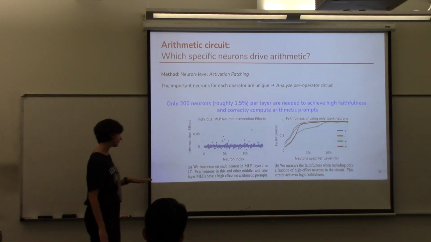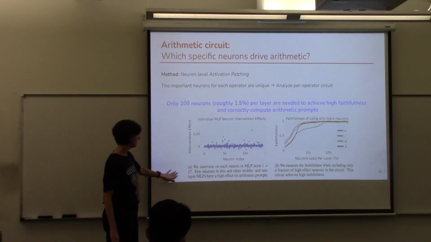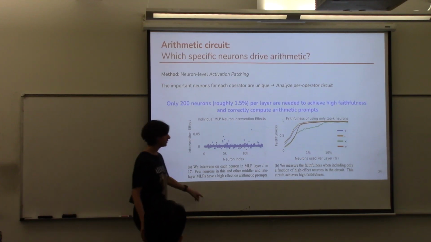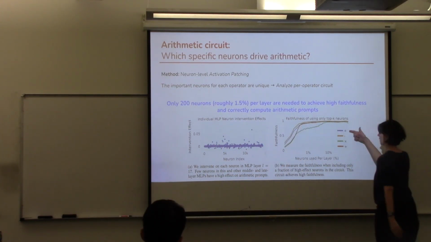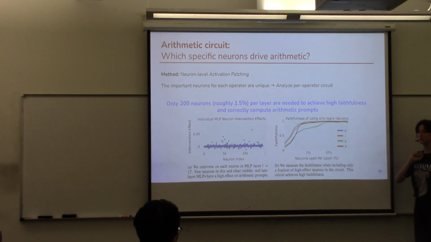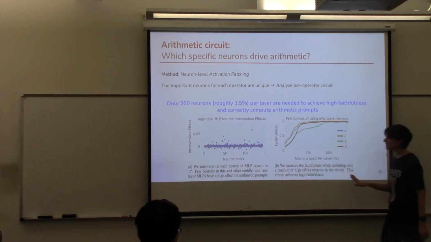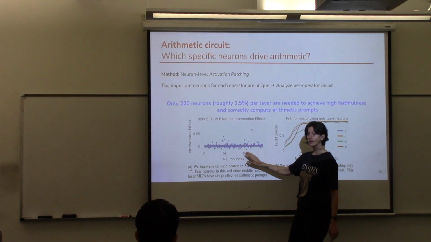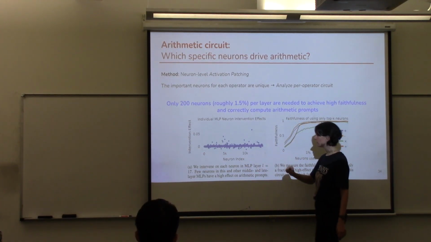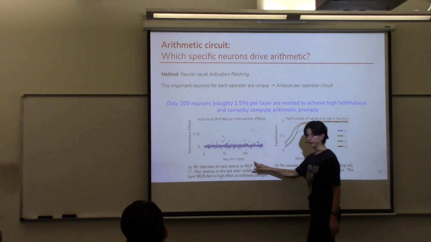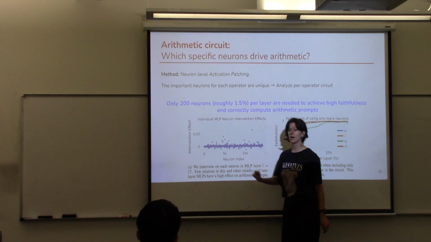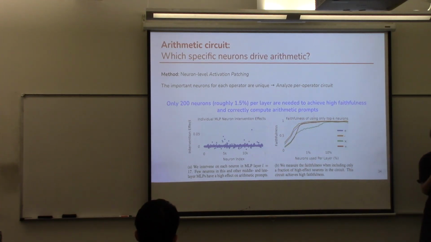Here, I think we were looking only maybe at addition, or I'm not sure. But here you can see how they have 4 lines, one for each of the operators. From this plot, what you can see is the patching effect of patching a neuron. This is a neuron's index, and you can see that some of them have much higher values, and those are the ones that we deem to be more important.